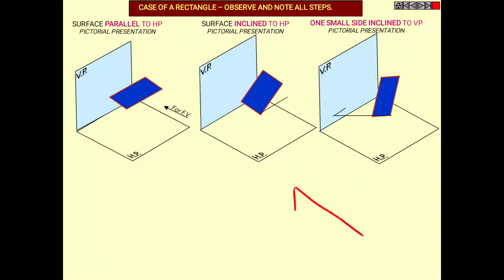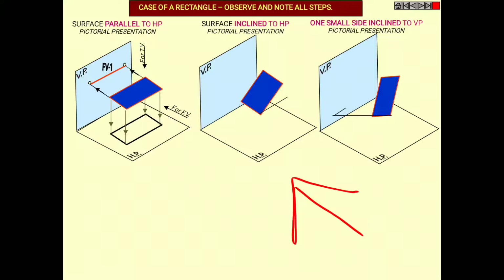As you know, the observer will be looking from here. In the VP you can see only a straight line as your front view, and for the top view it will be the rectangle observed in the original way. So this is your top view.